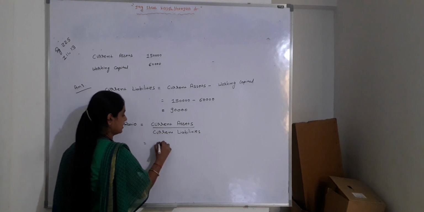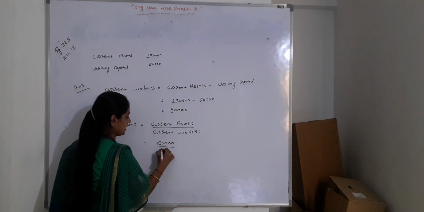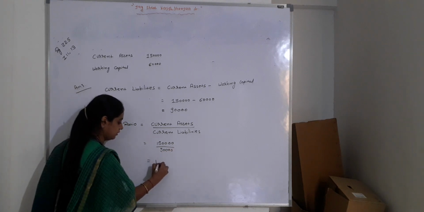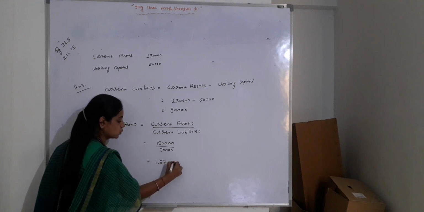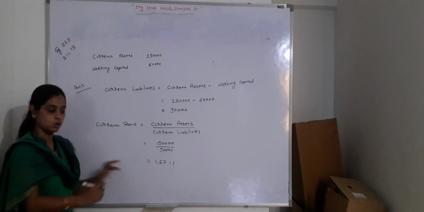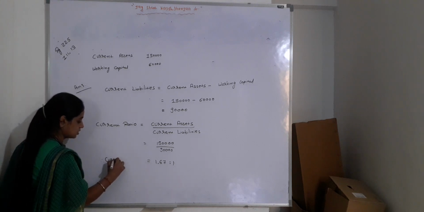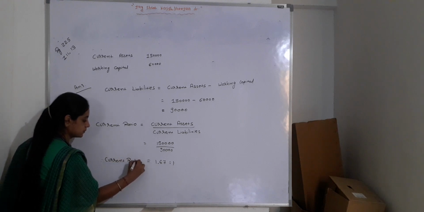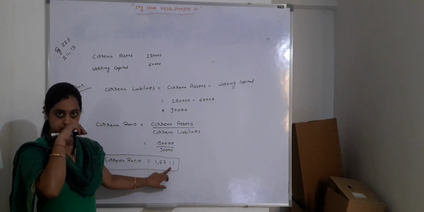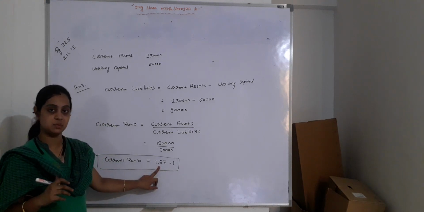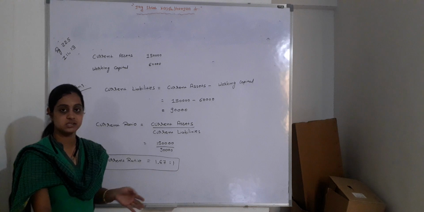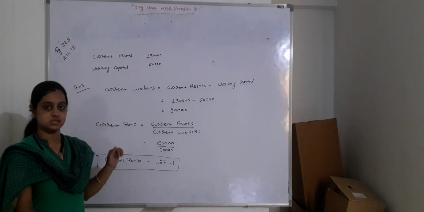Current assets are 1,50,000 and liabilities are 90,000. 1.67 is to 1. See, our answer is 1.67, but we have to write it as is to 1. So this is our current ratio. Our debt is 1 and our assets are 1.67. That means 0.67 is our excess assets. Okay, write it down.